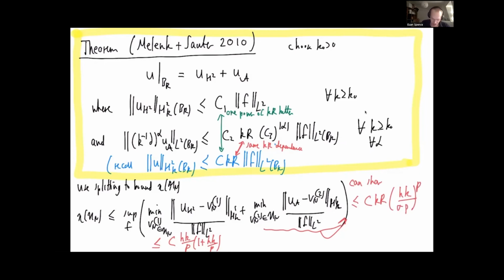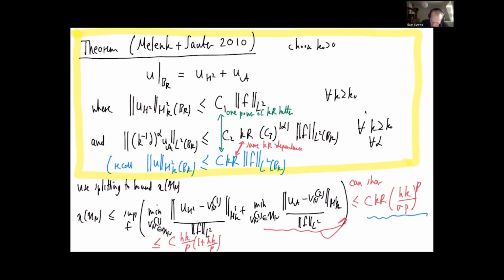If you remember, my piecewise polynomial approximation result had these things, hk over p to the s minus 1, and so here we've got hk over p to the p, and the point is I can take p as large as I want, because u_A is in C infinity, I'm not restricted by the regularity.